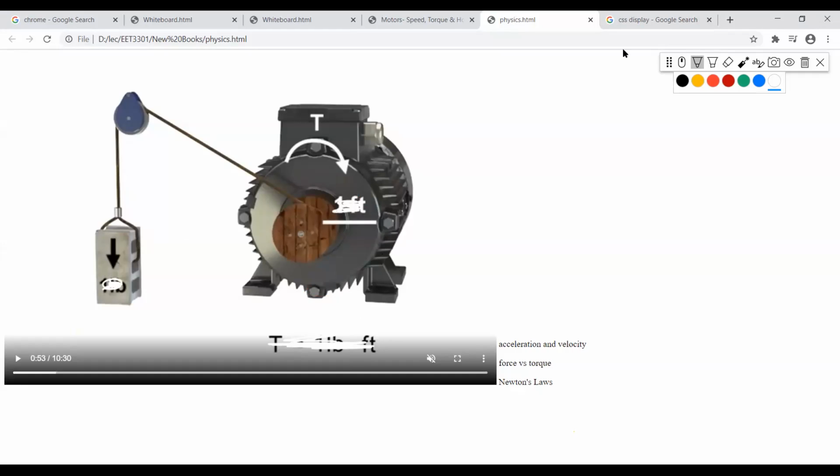As I told you earlier, the mass of this one is 2.5 kilograms.